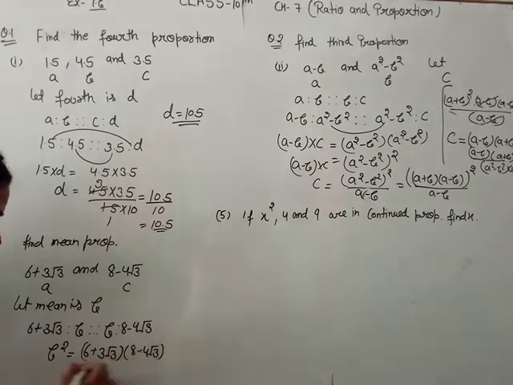Then B square, multiplication of this equals multiply of this: 6 plus 3 root 3 multiply 8 minus 4 root 3. This equals 8 6s are 48 plus 8 3s are 24 root 3.